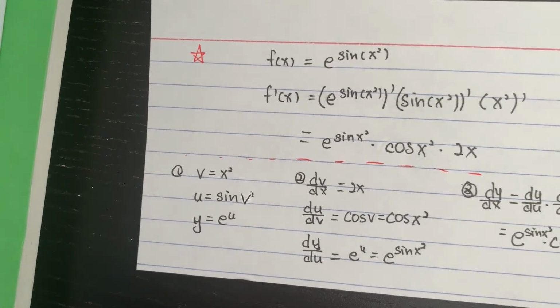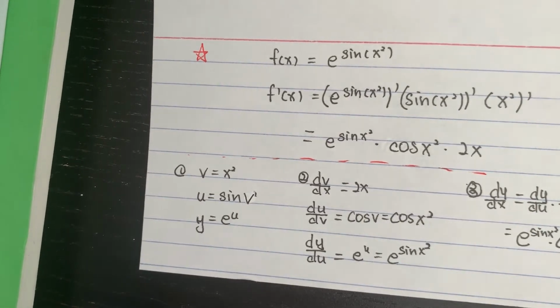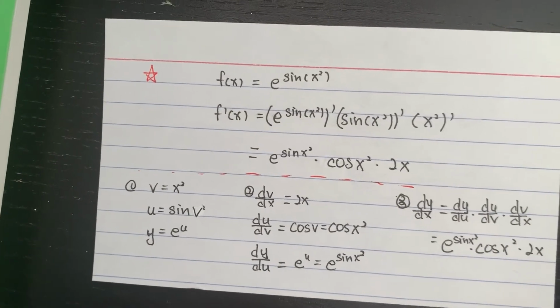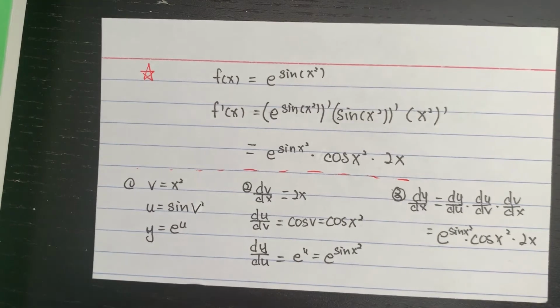So what you actually differentiate at the end is 2x. If you don't arrive at x at the end, that means your differentiation hasn't finished. But if you separate them into three layers and differentiate each of them as I listed, you get the answer as e to the power of sin x squared times cos x squared times 2x.